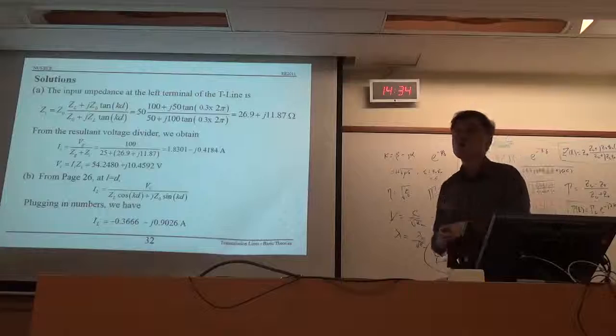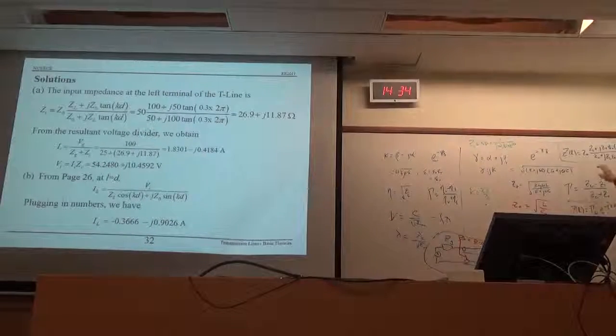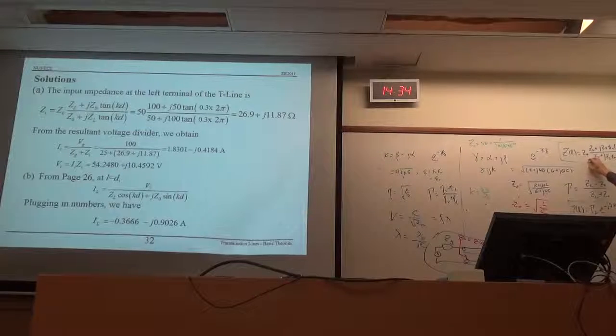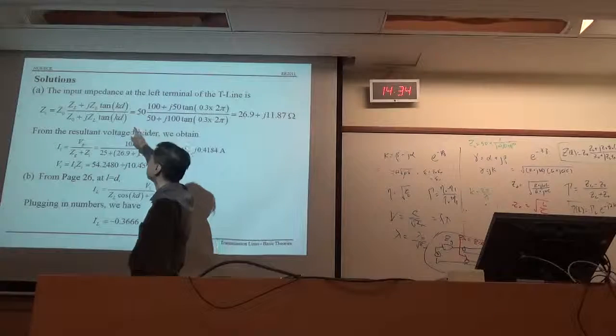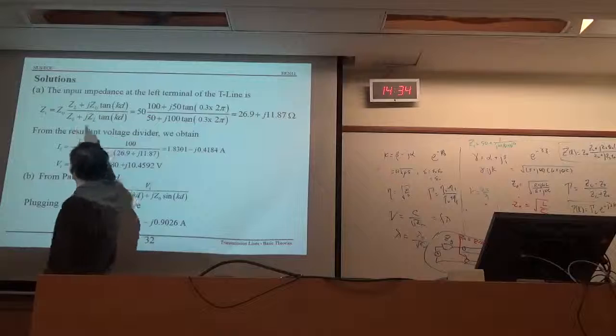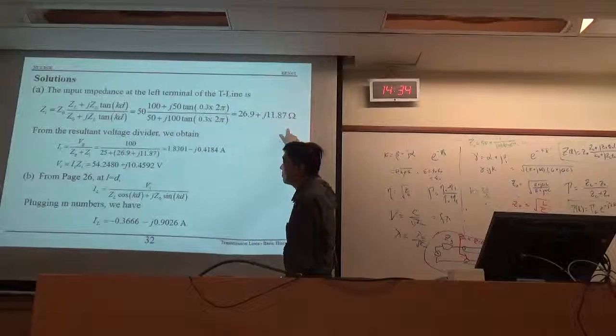Once again, the important formula is always this one, the transmission line equation. Now you find the input impedance at the terminal there, substituting everything to get this particular value.